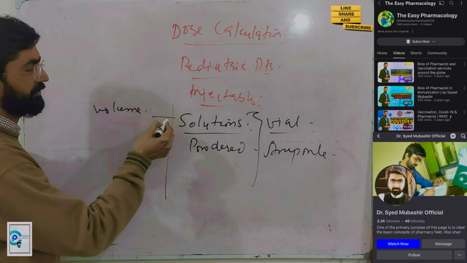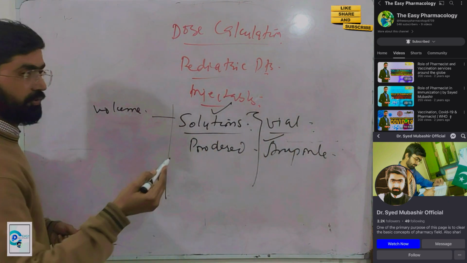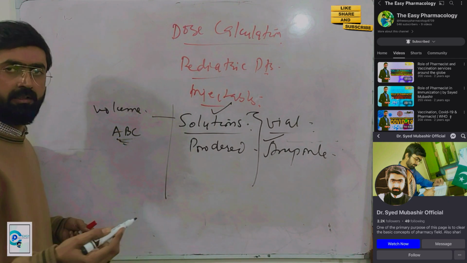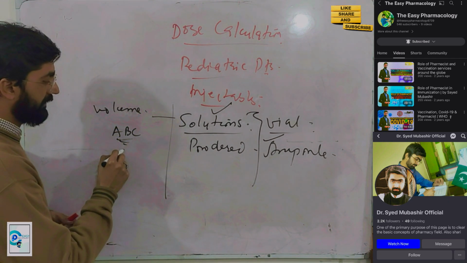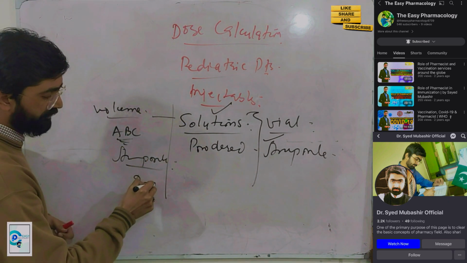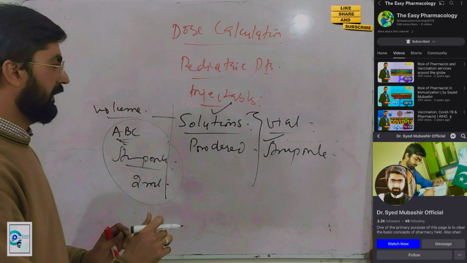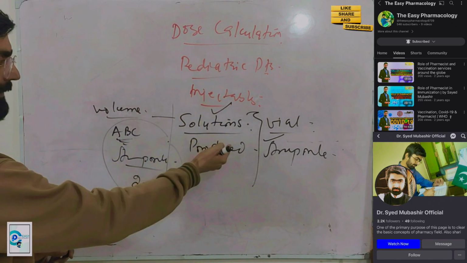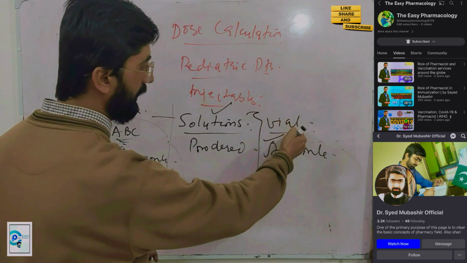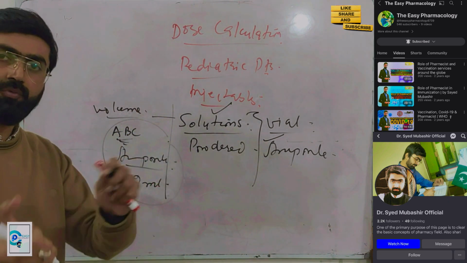Let's suppose there is a solution in an ampoule, and there is a drug ABC. The volume of the ampoule is, let's suppose, 2 ml. Injectables might be available in solution or powder form, in vials or ampoules or any suitable container, with different volumes.